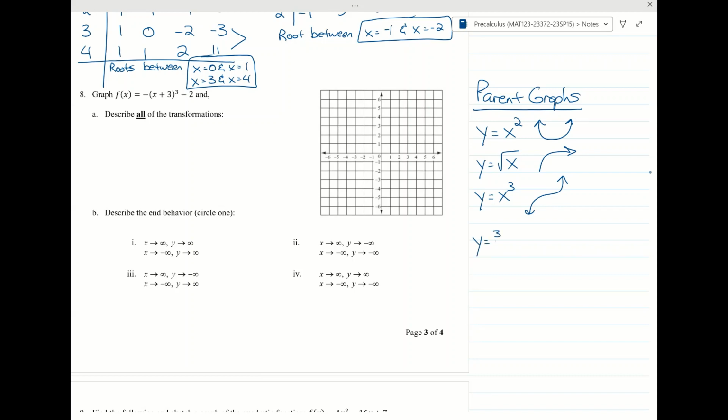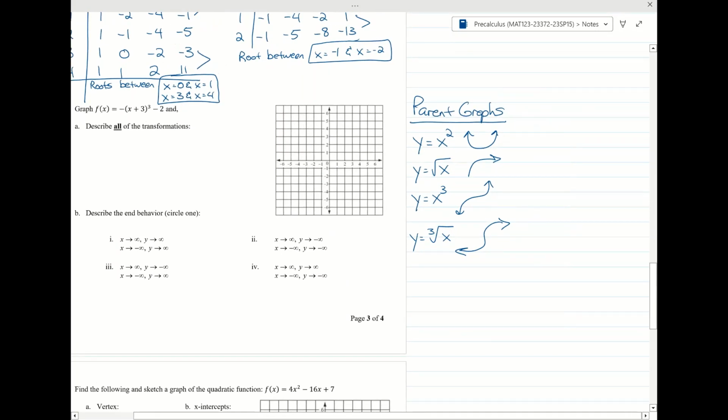And a cube root, the graph's going to look like this. Those are what are called parent graphs. This graph, it's x to the third, so we know the graph's going to look like that. We even talked about that in our last section. I gave you a table and I showed you what the graphs look like based on their power and if they're even or odd. So we know the graph's going to look like that.